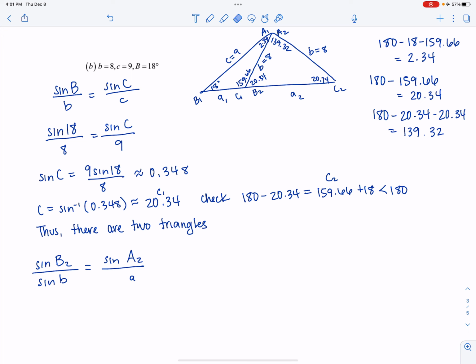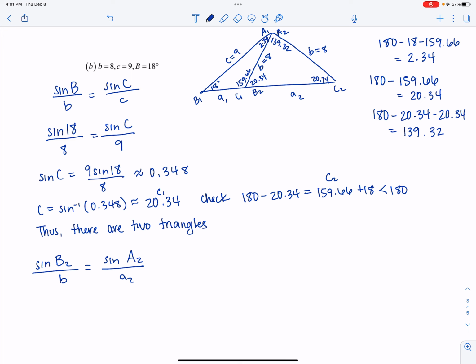I'm getting really excited about all the signs. Okay, A2. There we go. Sine of B2, the angle B2 over side B equals sine of angle A2 over A2. All right, we've got so many triangles on here that it's getting a little wild.